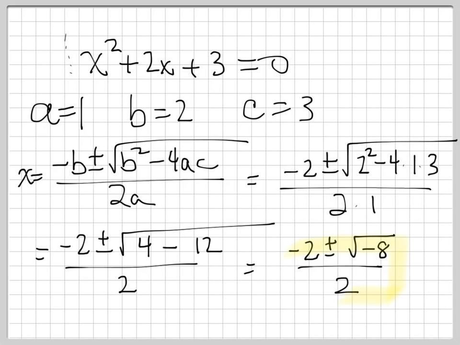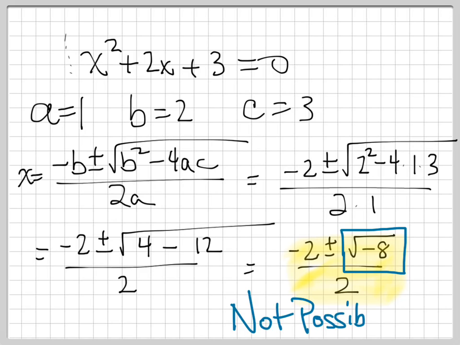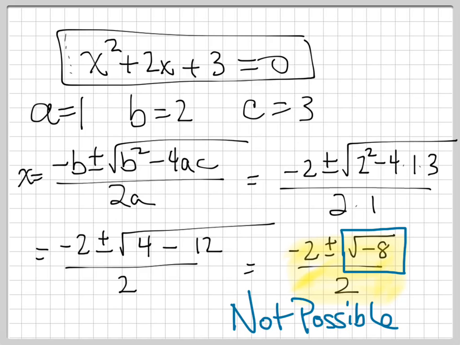Now, if you've been paying attention to the video so far, this should scream something to you. It should say, not possible. Is it ever okay to have a negative in the radical? The answer is no. And since it's not possible, the original, this, has no solution.